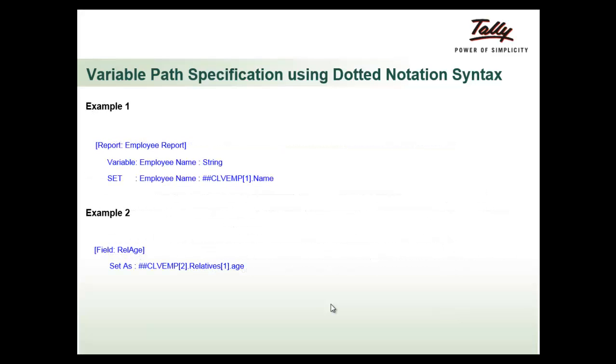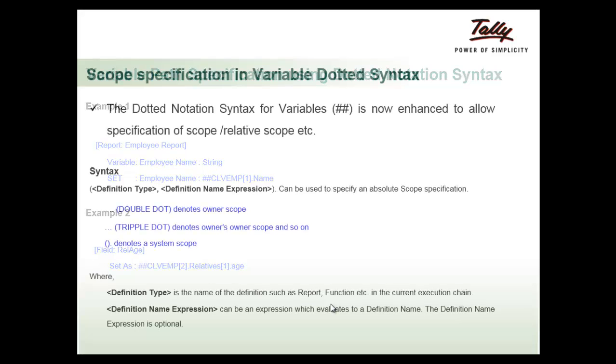So we fetch the name of the first element of the compound list variable CLV emp. In the same way, in the second example, we fetch the age of the first relative of the second element of the compound list variable CLV emp. So in this way, you can specify the variable path using dotted notation syntax.